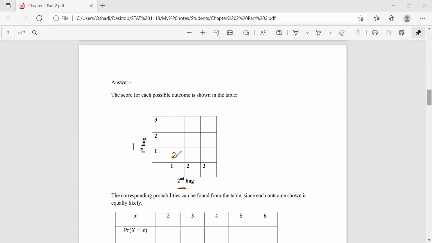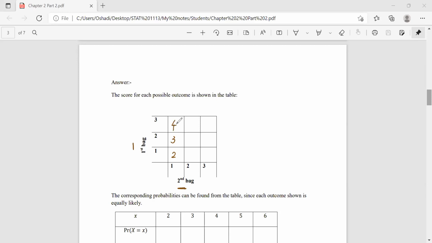And if the second counter of the first bag and the first counter of the second bag are chosen, it is 2 plus 1, 3. And if the third counter of the first bag and the first counter of the second bag are chosen, then the sum of the two numbers, 3 plus 1, equals 4.